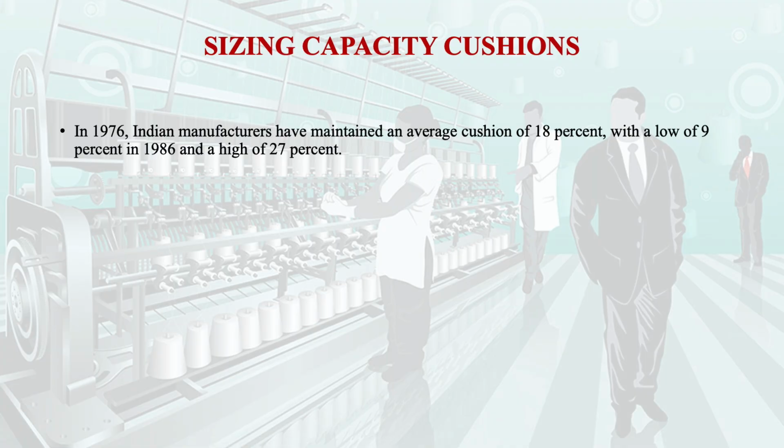long back in 1976, Indian manufacturers maintained an average cushion of 18%. Later on, it came to 27%. Because if you are keeping the cushion, that means your capacity will be upheld.